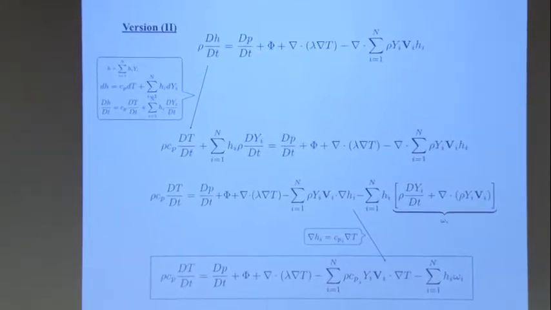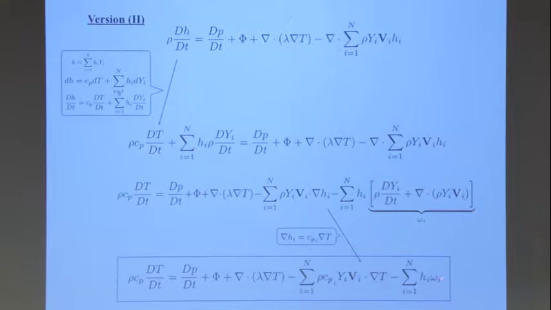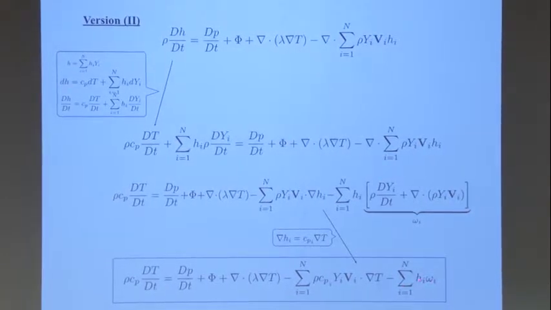The next version that often appears in different publications or books has the form hi multiplied by omega I, omega I multiplied by hi, not of formation. But the equation is slightly different than the previous one, and they are both correct. They are both identical, but they are of different form.